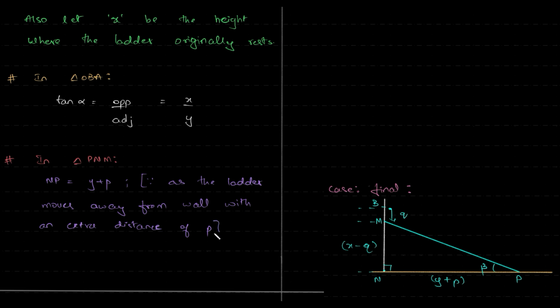Again, I'm trying to make everything clear. Then we have MN is equal to x minus q, because the ladder moves down by a distance of q meters.